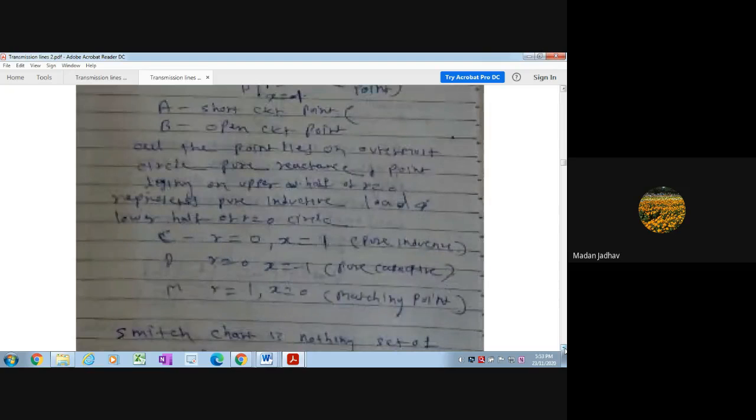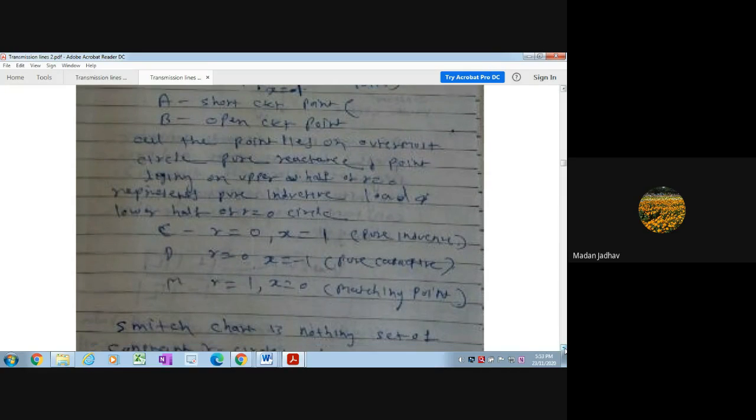That is the pure capacitive point. Reactance is pure capacitive. When R is equal to 1 and X is equal to 0, that is the matching point. Matching point means Z is equal to Z naught. That means it is the center of the Smith chart.